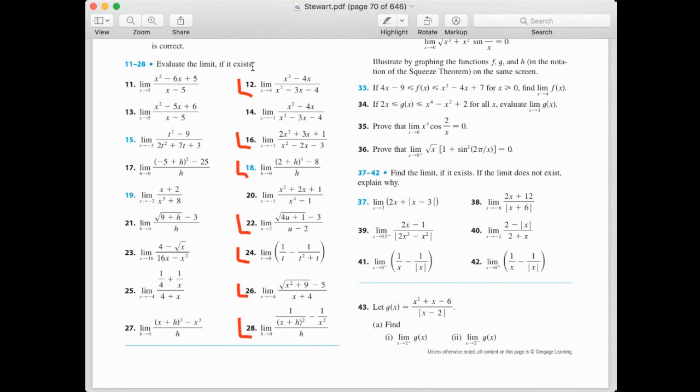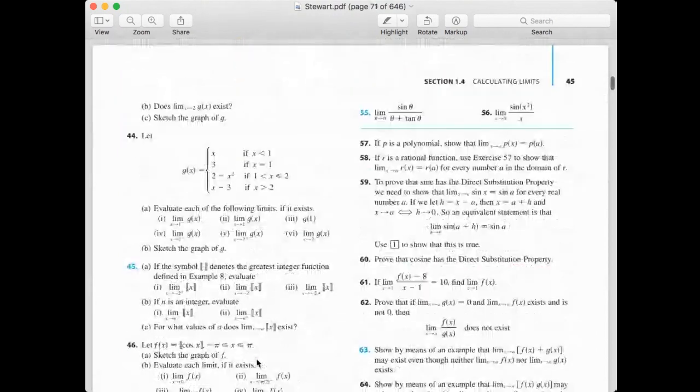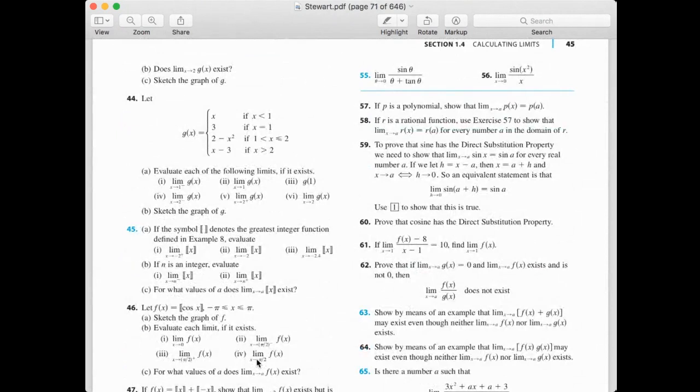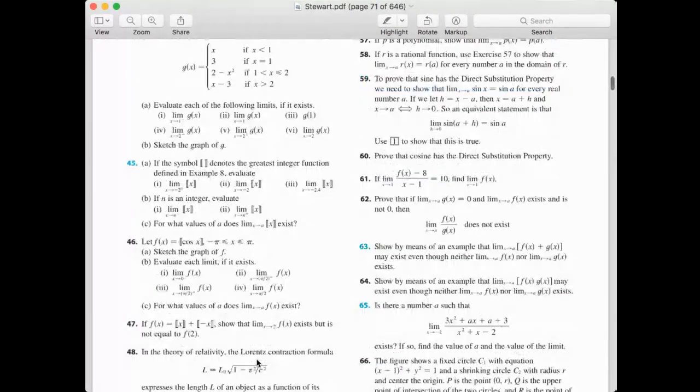But if you think you still struggle with those questions, make sure you can solve those kind of questions. Make sure you understand the idea of limit.